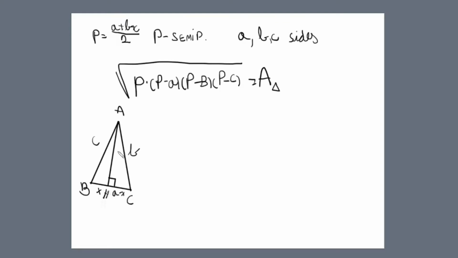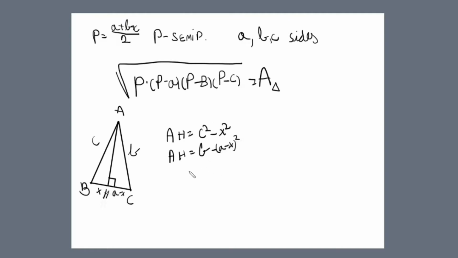So we're going to say that the height, AH, is equal to C squared minus X squared, according to the Pythagorean theorem. And AH is also equal to B squared minus A minus X everything squared.